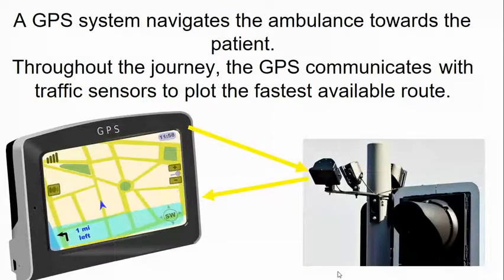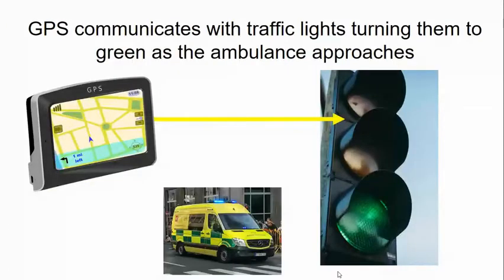GPS system in the ambulance will route the ambulance by making use of sensors along the way, and it will send the ambulance on the fastest route to the patient, and the ambulance will even cause traffic lights to turn green in its favor so it doesn't get slowed down.